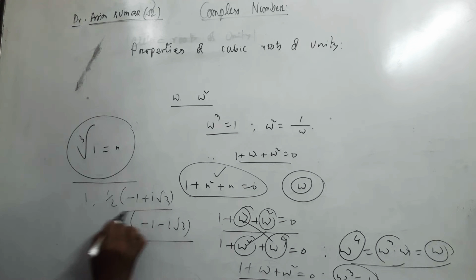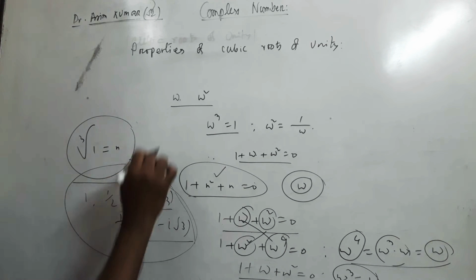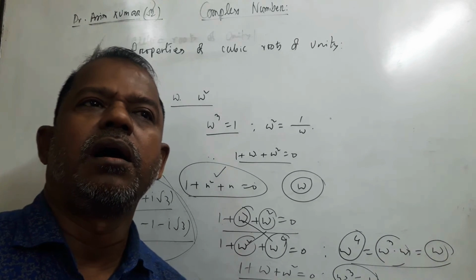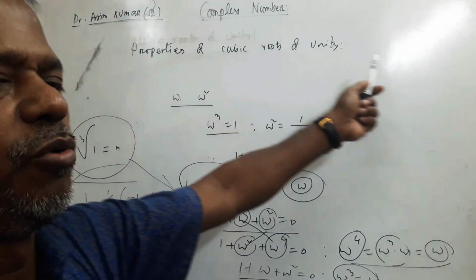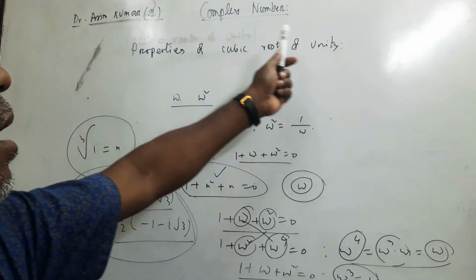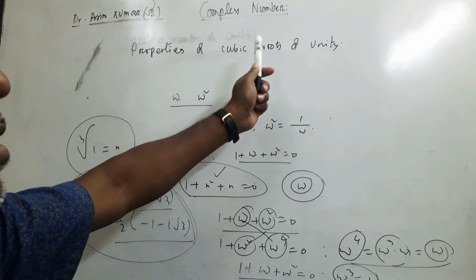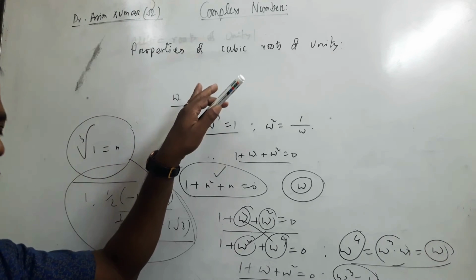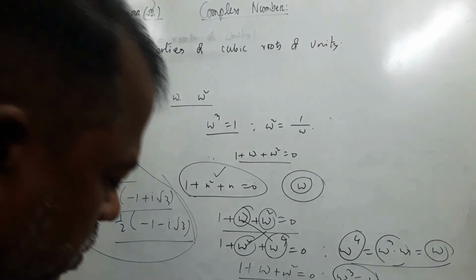It's the easiest method and it is clear thinking about this process. Actually, you have to think about the properties of cube roots of unity and complex numbers, and discuss all of these thinkings about the process.